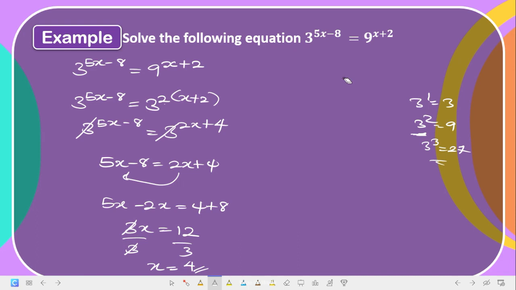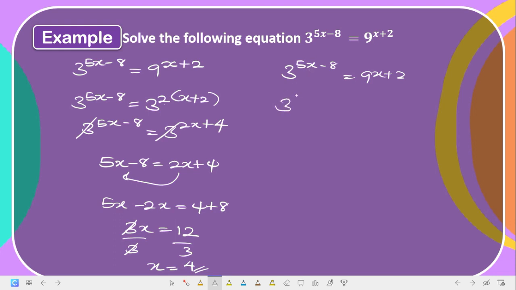Now, for you to check if your answer is correct, let's just check for this one. This becomes 3 raised to the power of 5x minus 8 is equals to 9 raised to the power of x plus 2. Now, what can we do? We can substitute in 4 wherever we see x, right?